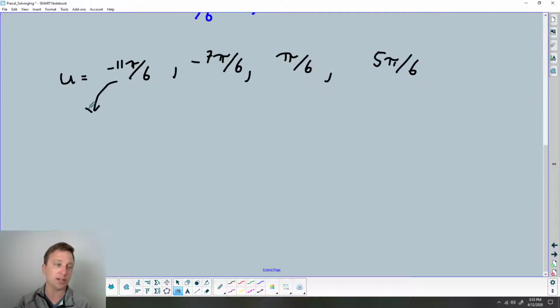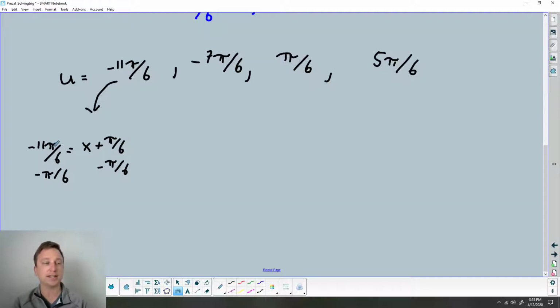For the first equation, negative 11 pi sixths is equal to the x value we want plus pi sixths. To solve for x, we subtract pi sixths from both sides, and we have negative 12 pi sixths, or negative 2 pi, as our x value.